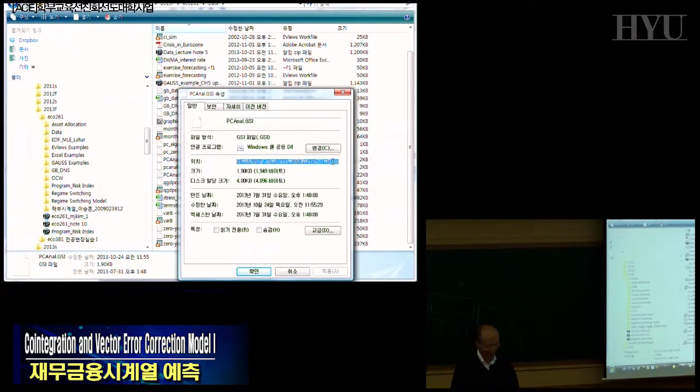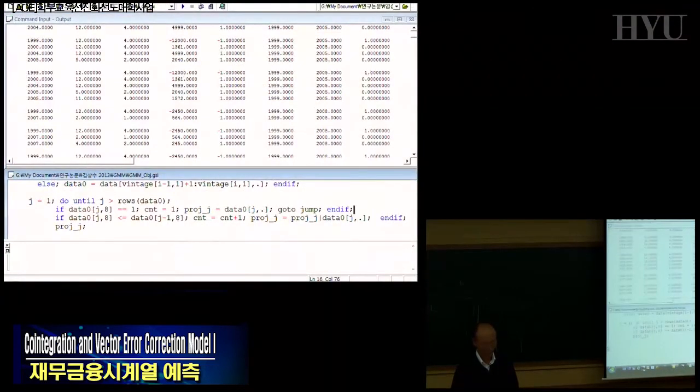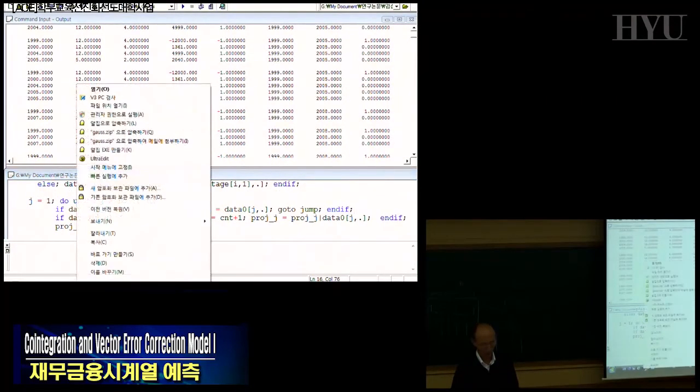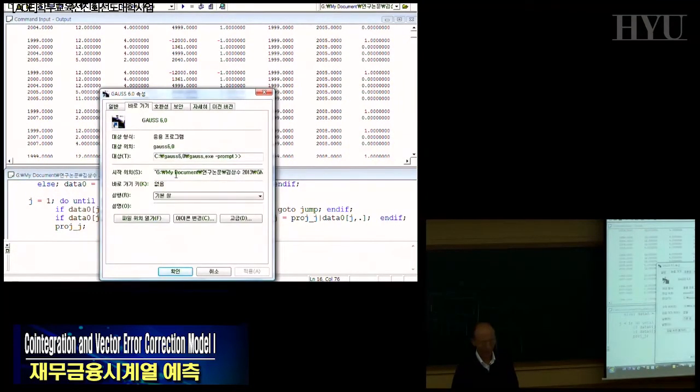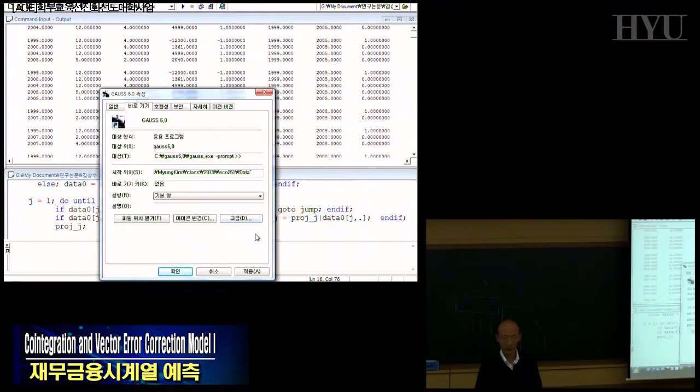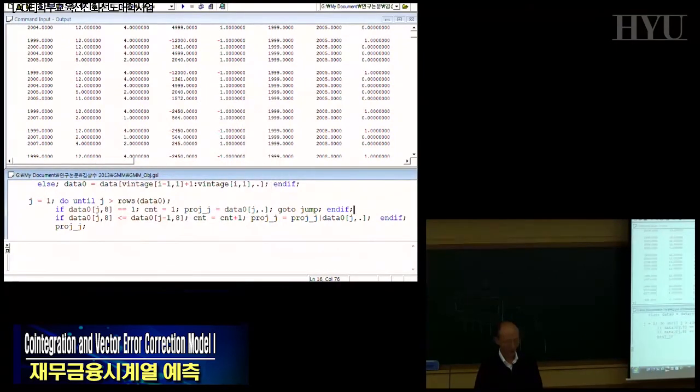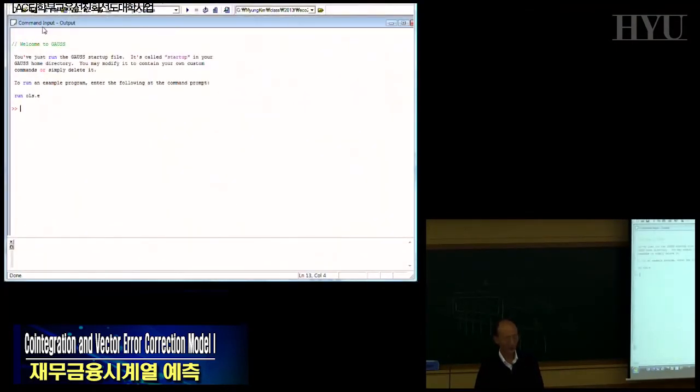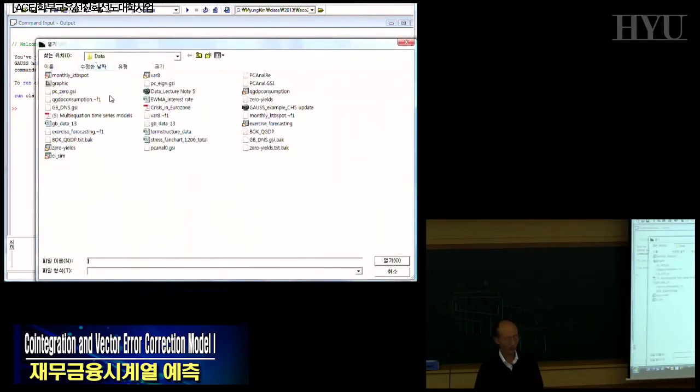So I highlight this and I copy it, and then go back to this one. Here, I change it. I change it like that. Okay? And then if you start this, and if you open, it will point this subdirectory right away, right?